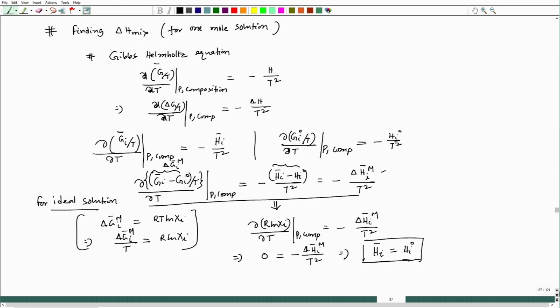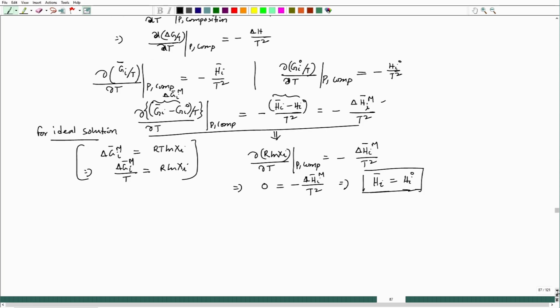If we extend it to a binary situation, in a similar way we get H A bar equal to H A naught, as well as H B bar equal to H B naught.